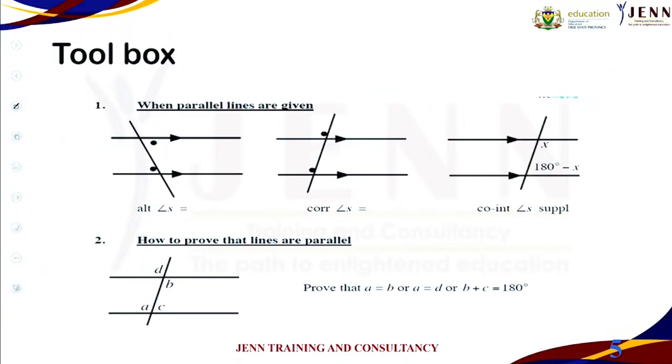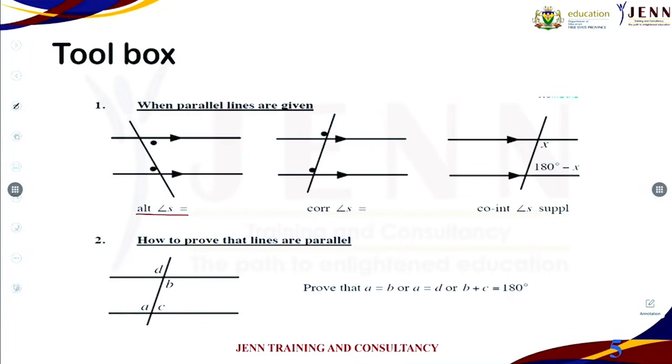Now, onto our toolbox. This is the basic geometry of lines which you were taught in grade 8 and 9. Whenever you are given parallel lines, just know that alternating angles are equal.